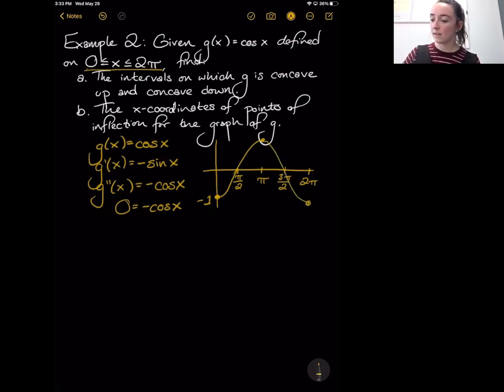It'll look something like this. Not a perfect sketch, that's okay, but this is enough to get us the right idea. So we can use our sketch of our graph to figure out, okay, what x values does negative cosine of x equal 0? Where does this graph intercept the x-axis? And that, of course, is at pi over 2 and 3 pi over 2.